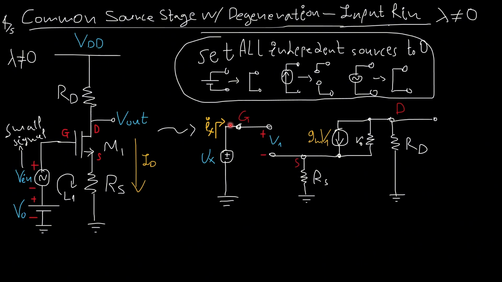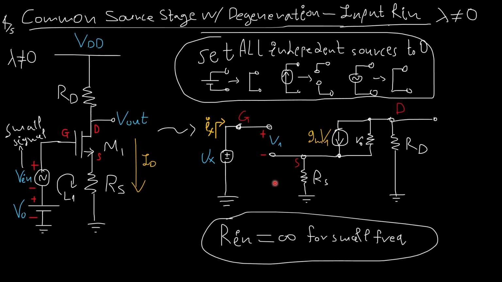If I am to measure Vx over Ix, obviously Ix must be zero because it cannot flow really anywhere here, at least for small frequencies. In high frequencies, things are a bit stranger because we actually have some kind of capacitance between the gate and the source. This derives from the Cox of the device, all right?